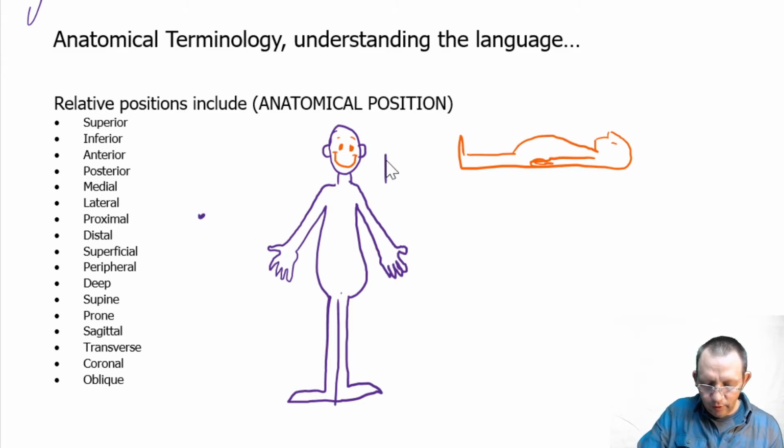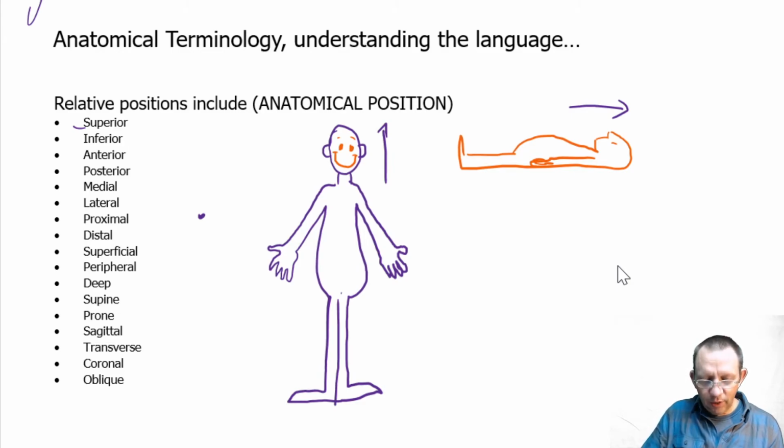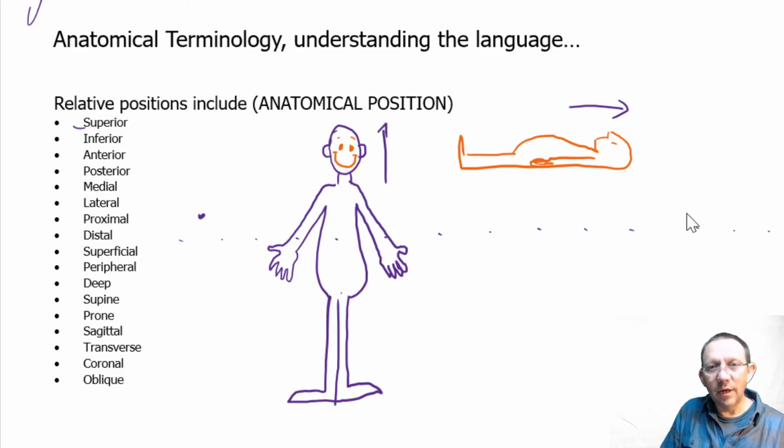So superior is this way, okay? Superior is this way. It doesn't matter what way he's sitting, okay? If we're talking horizontal, horizontal is this way across the horizon, and it'd be this way across him, right? Same thing. He's laying there. You can see the horizon in the background. He's laying on a slab, for example.